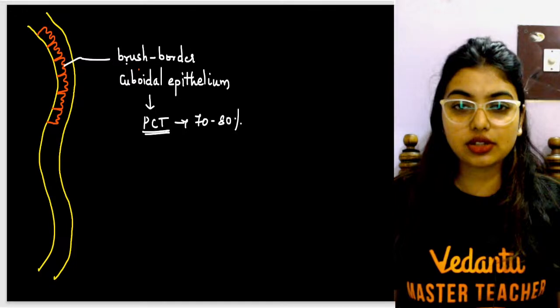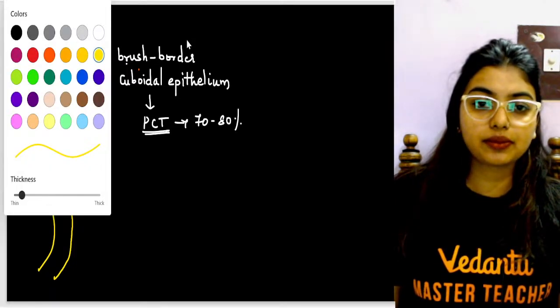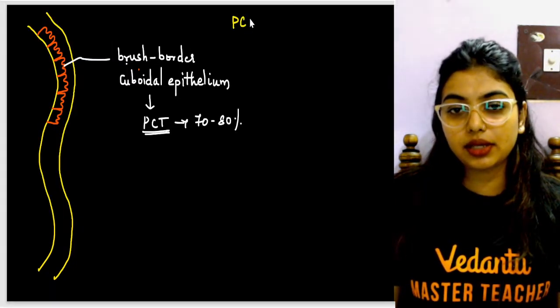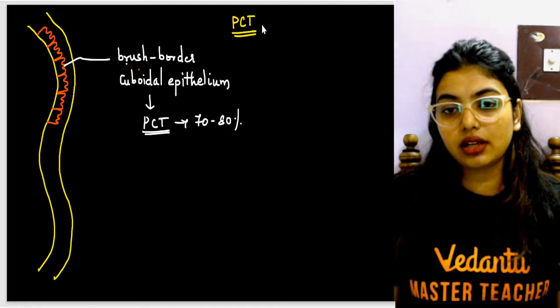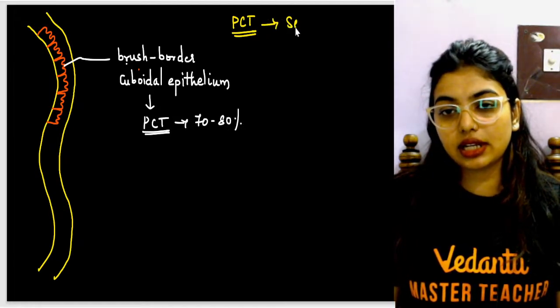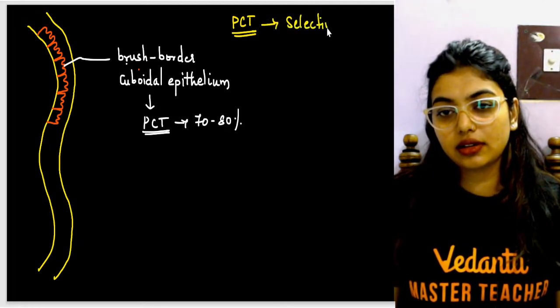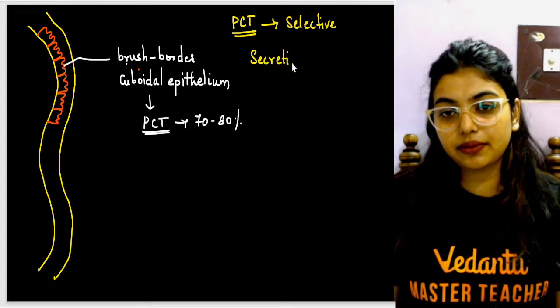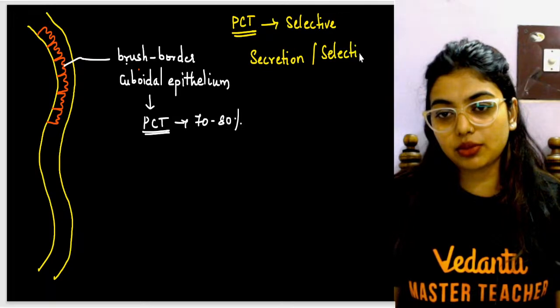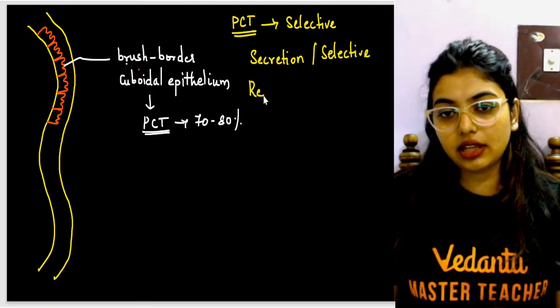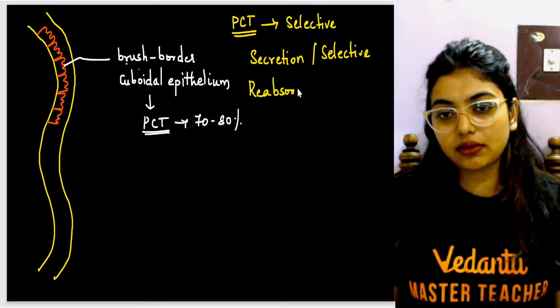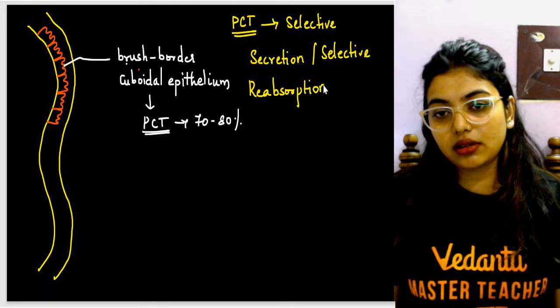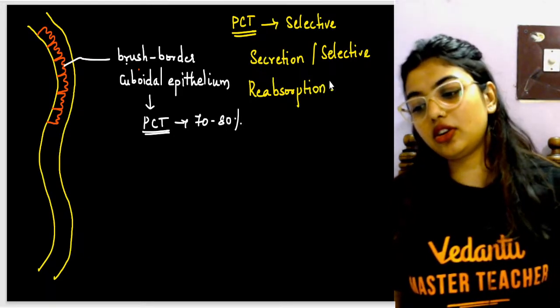Got it, all of you? So PCT does 70 to 80% selective secretion and selective reabsorption. Clear or not?